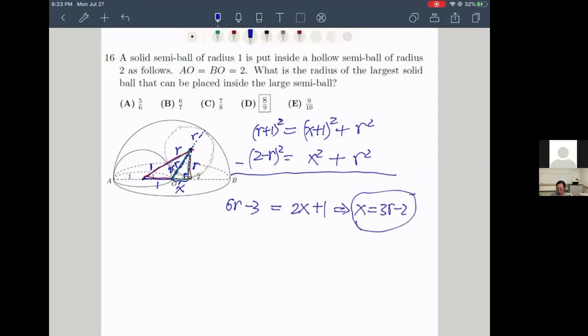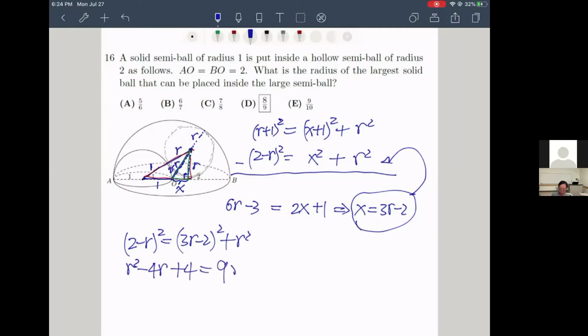Now, we have this relationship. We can substitute it into any of them. Let's say that we substitute the x in the second equation, which is 2 minus r squared equals 3r minus 2 squared plus r squared. You can use any other tricks to solve this problem, but let's just do it step by step. We have r squared, negative 4r plus 4, equals 9 times r squared minus 12 times r plus 4 plus r squared.